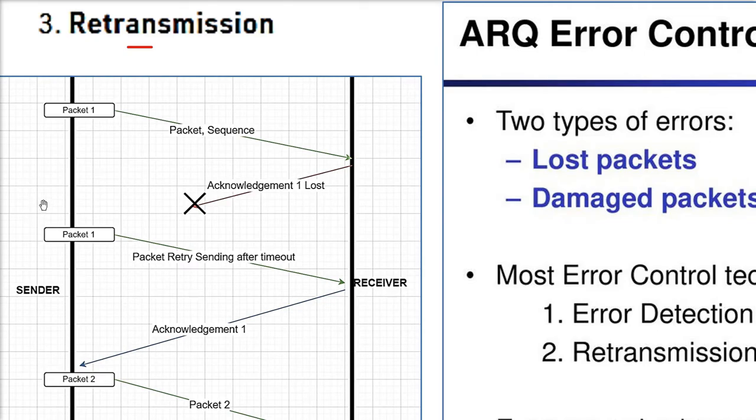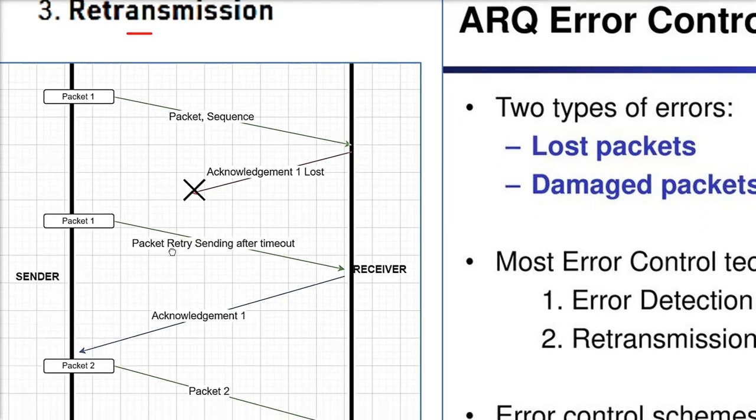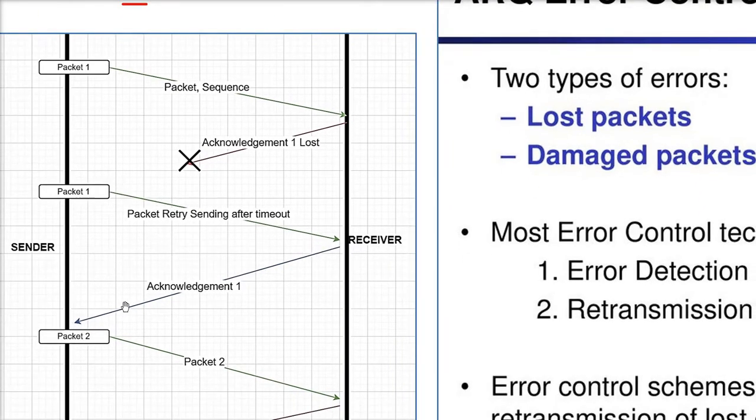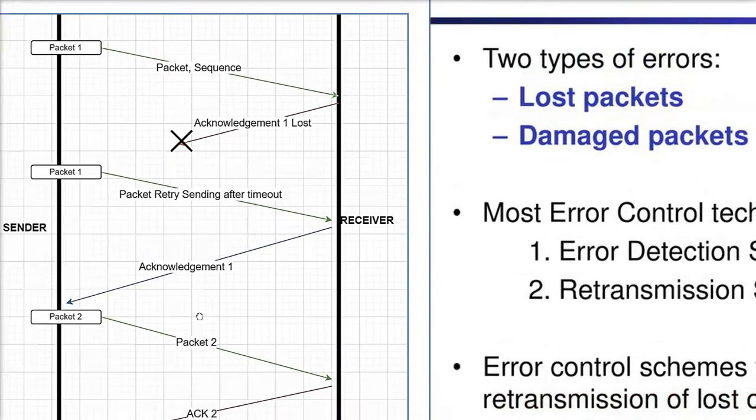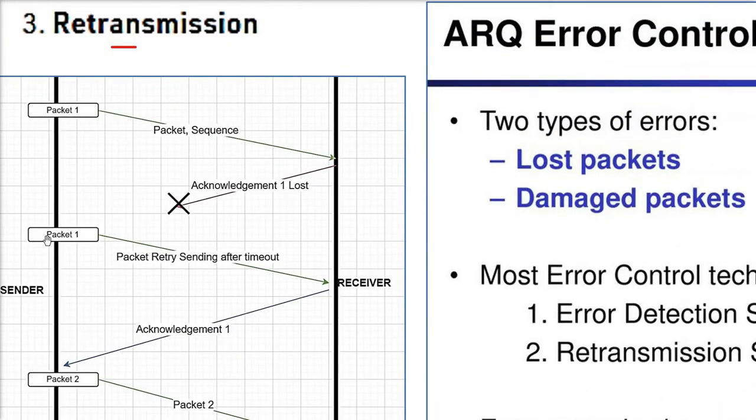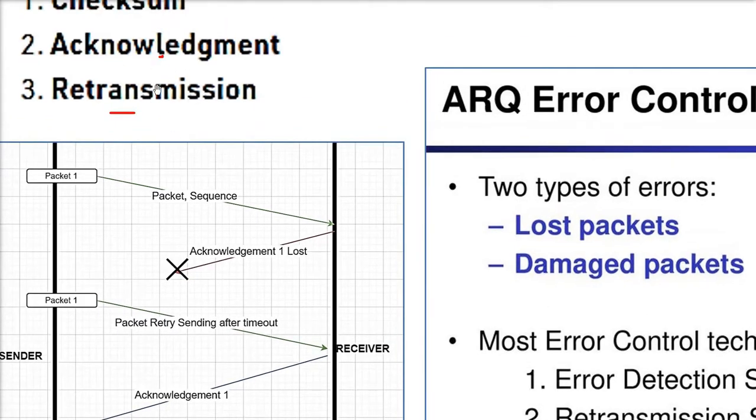There will be some timeout or some other mechanism which sends packet 1 again, a retransmission. So this is where we see that this is also error control, because the packet is not coming, the acknowledgement is not coming. So packet 1 will be resent. Similarly for other packets also. They will be retransmitted until you get the acknowledgement.